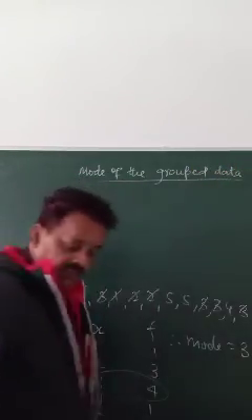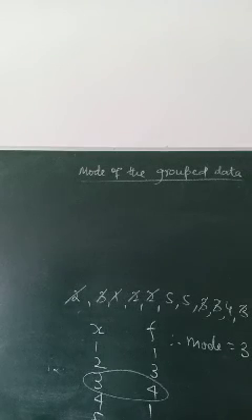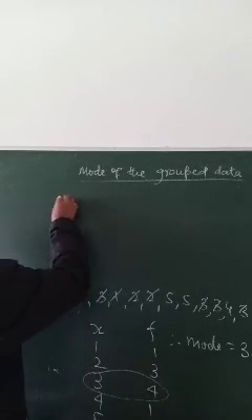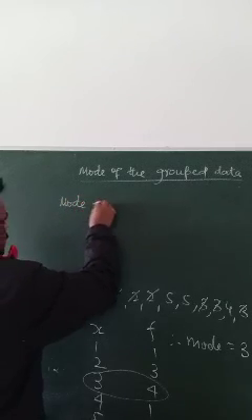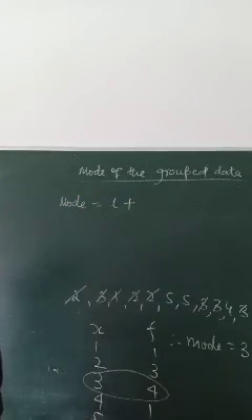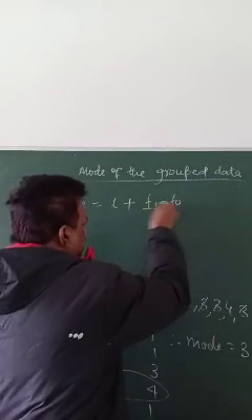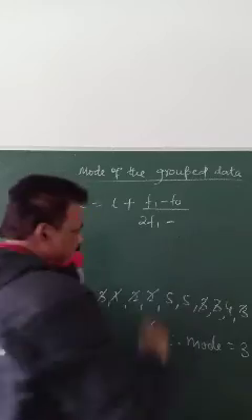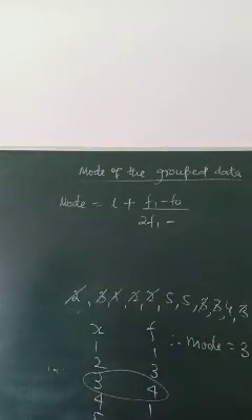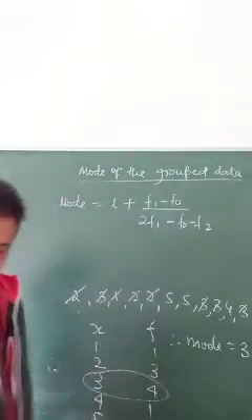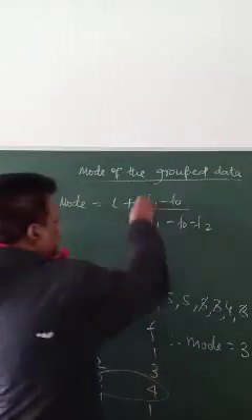This also has a formula because we are doing only formula-based questions. So the formula is, write down, mode equals L plus (F1 minus F0) by (2F1 minus F0 minus F2), into H.